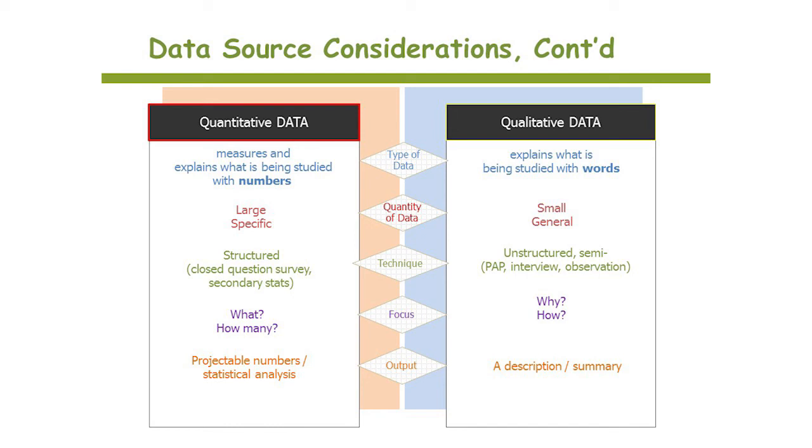As far as techniques, quantitative data comes from more structured methods like surveys and secondary statistics, while qualitative data comes from unstructured or semi-structured sources such as the PAP, interviews, observation.